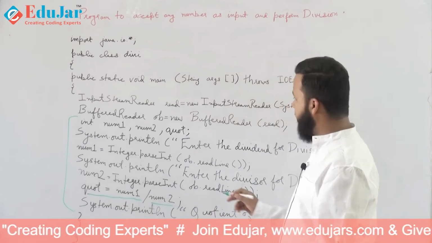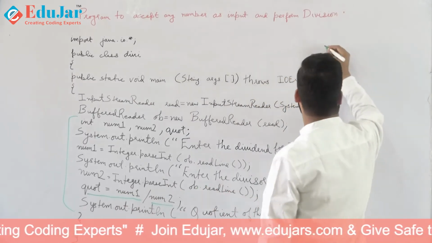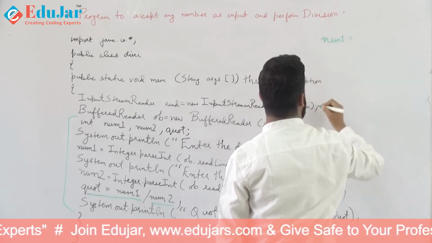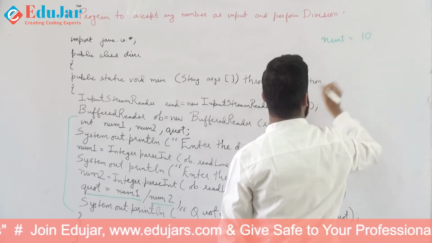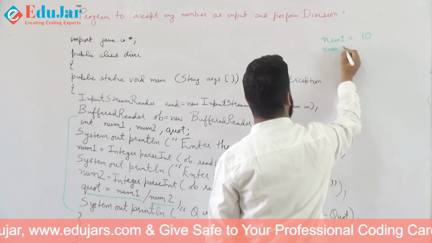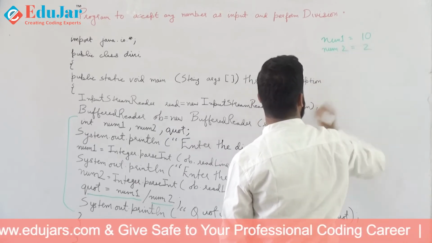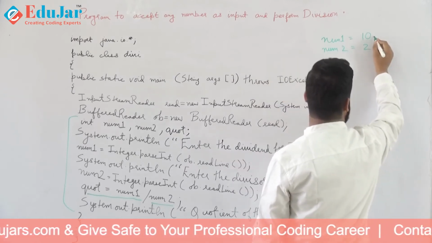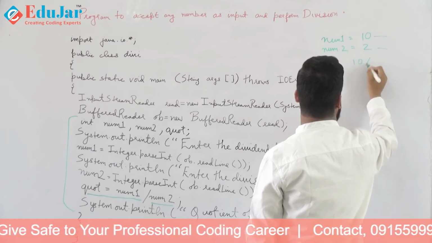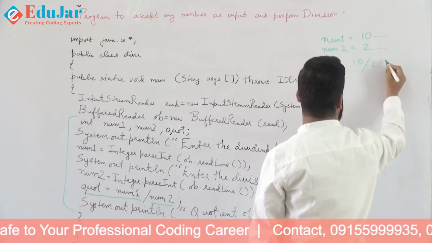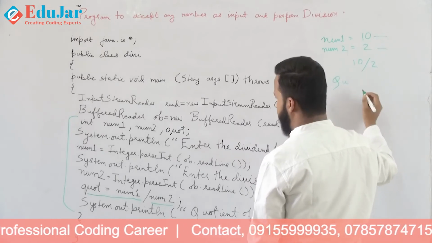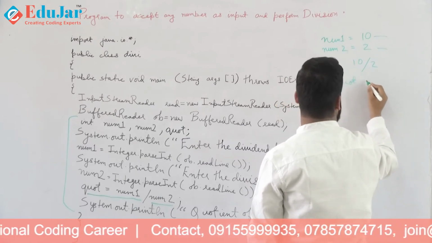Let me explain the same. Suppose that in num1 the user has entered 10, and in num2 the user has entered 2. So this is our dividend and this is our divisor. So this will be divided like this, and what will be the answer? The answer will be stored in code.